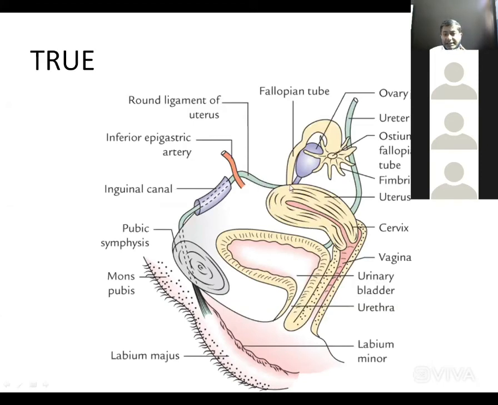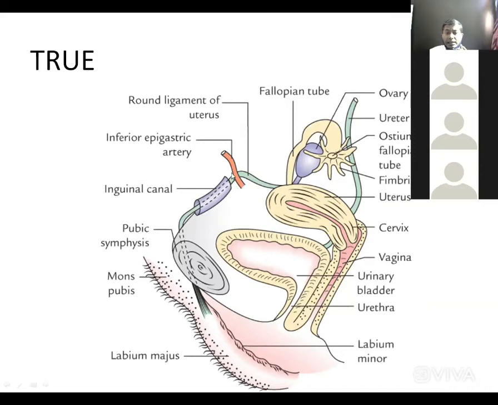The round ligament is attached to the lateral angle of the uterus, where there is the opening of the fallopian tube. Then it runs anteriorly, forwards and downwards.